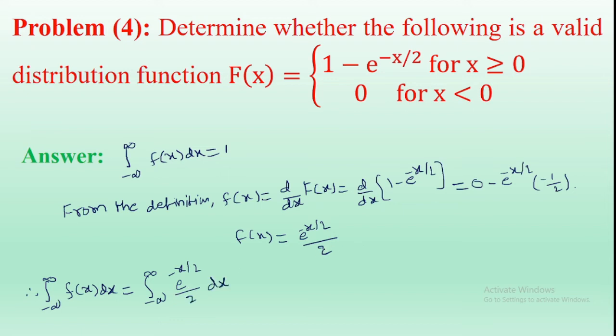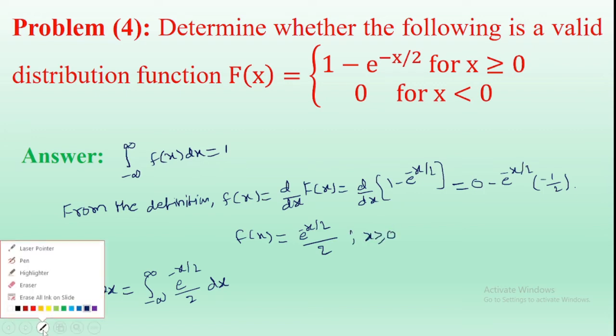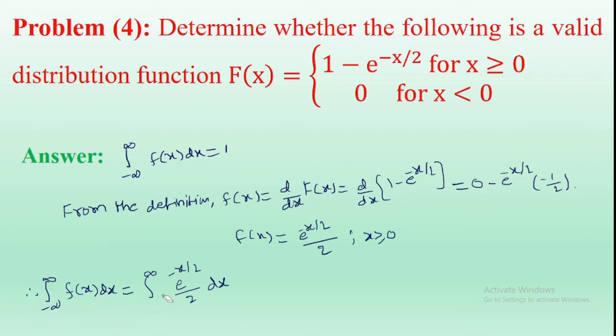The range of x, for x greater than or equal to 0, varies from 0 to infinity. So 1 by 2 into the integral of e power minus x by 2 dx is e power minus x by 2 divided by minus 1 by 2, over 0 to infinity.